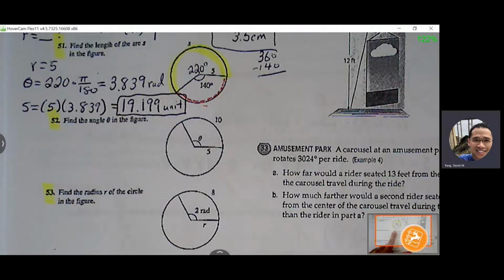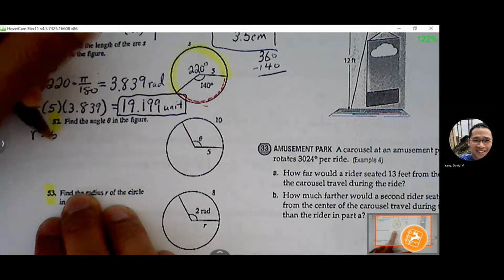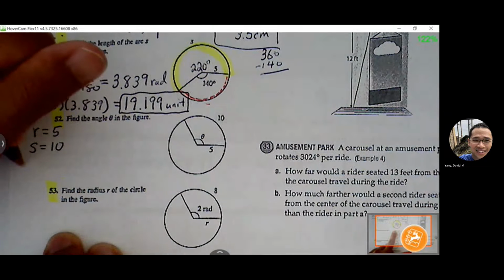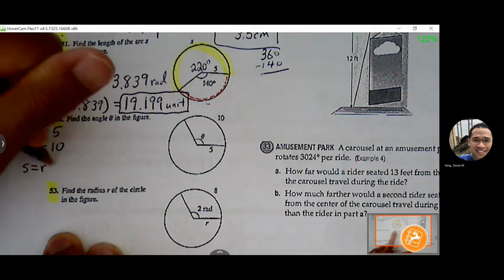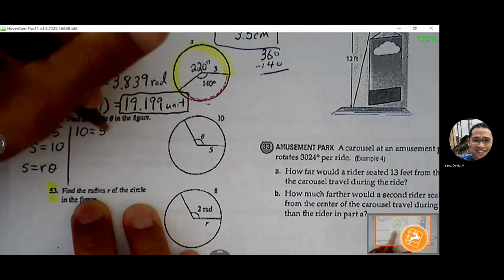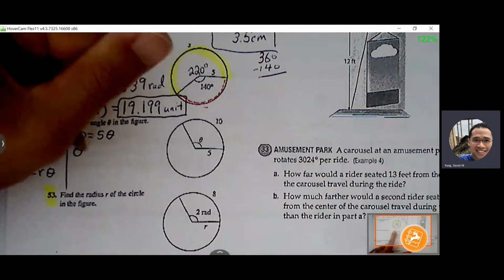Okay, 52. Find the angle in the figure. What's theta equal to?